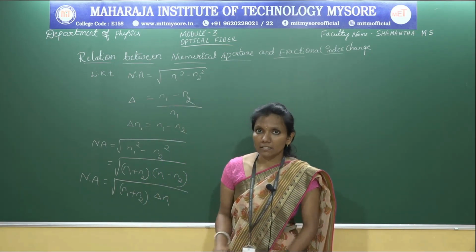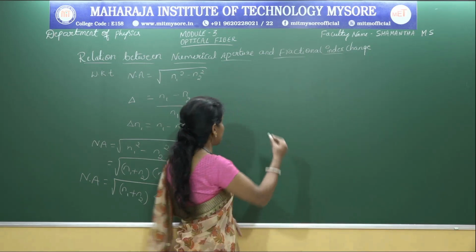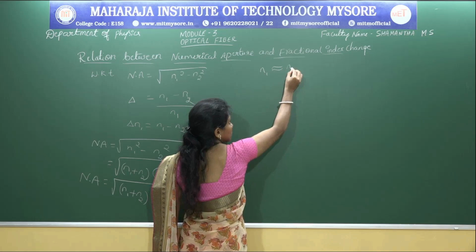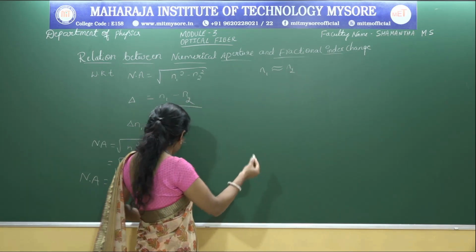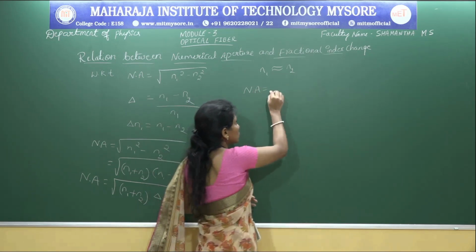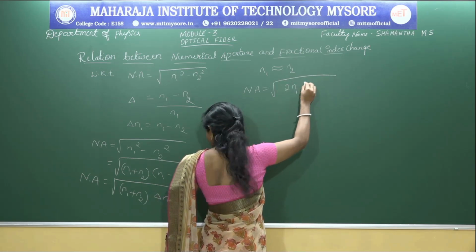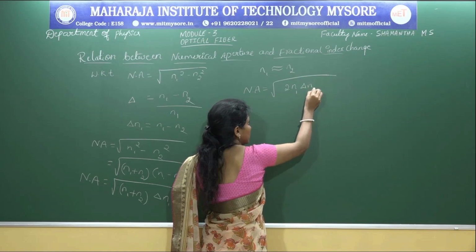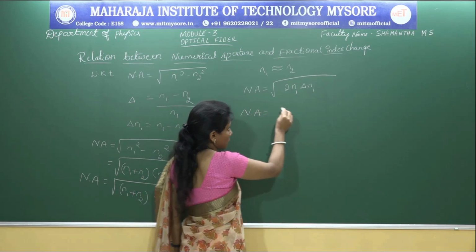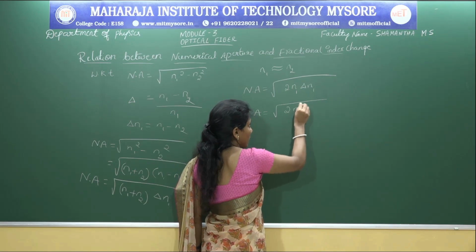If n1 is nearly equal to n2, then the numerical aperture is equal to root of 2 n1 delta n1, which becomes root of 2 n1 square delta.